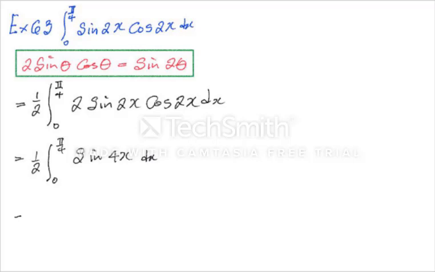Now if I differentiate cos, I get minus sine. If I integrate sine, I'm going to get minus cos. So it's a half, minus cosine 4x divided by the differential of the inside function, which is 4, from 0 to pi by 4.